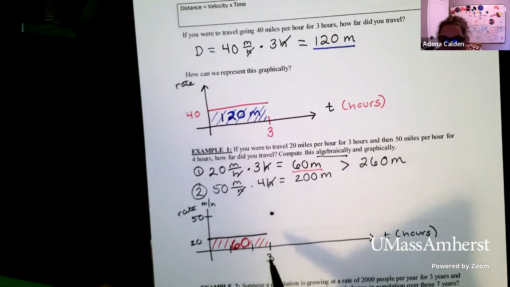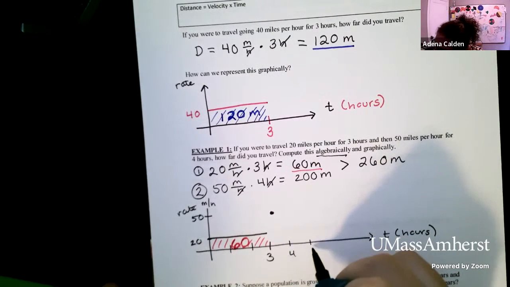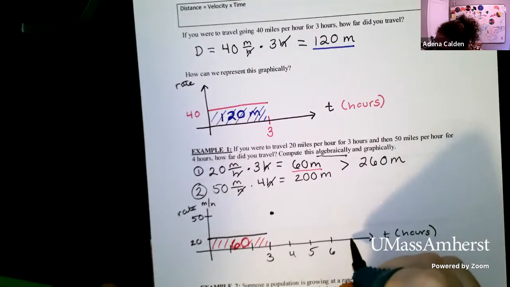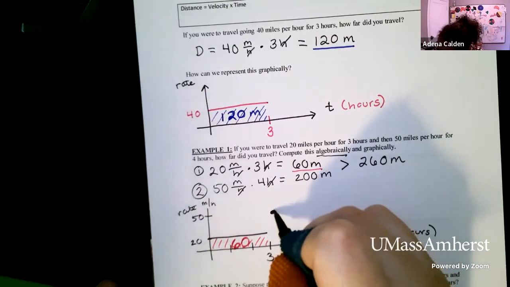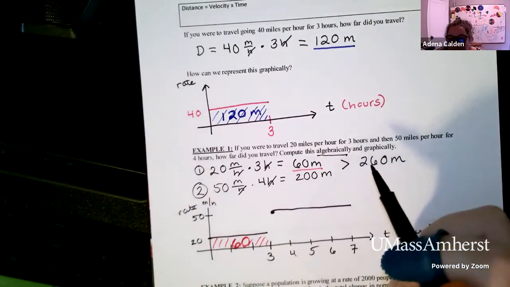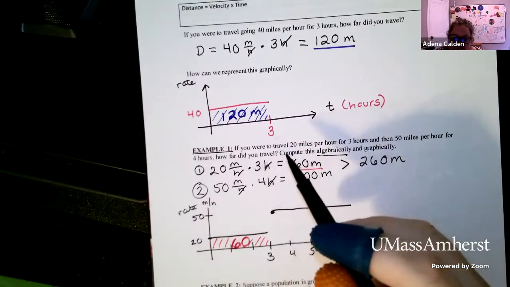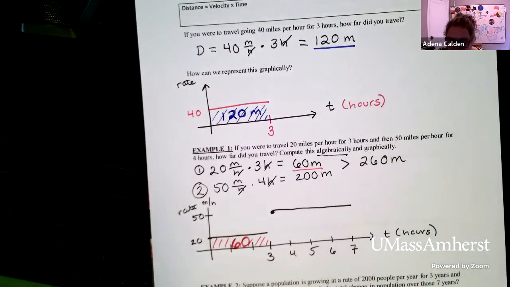So we're going to go from hour 3 to hour 7. Right? Because that still represents a 4-hour trip, but the second part starts afterwards. And we just know that because of the word then. So this happens first and this happens second.